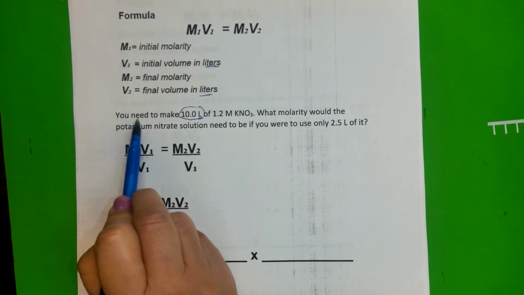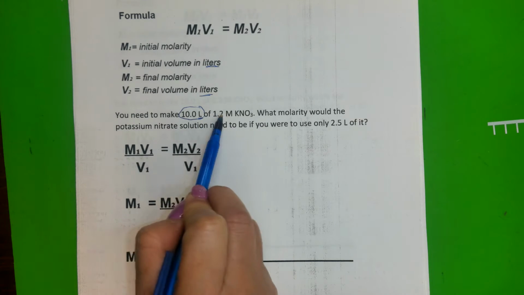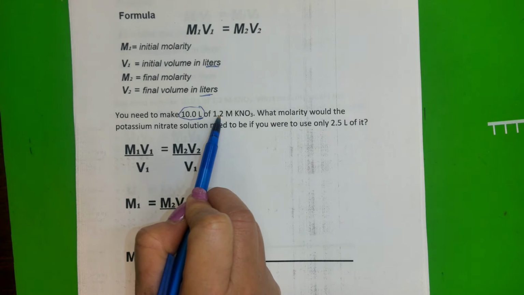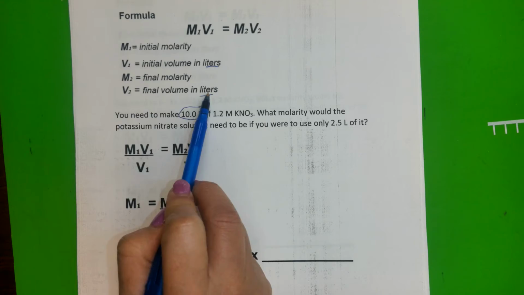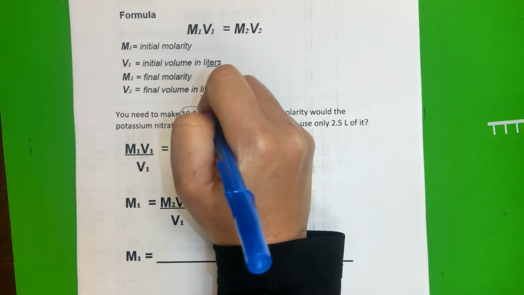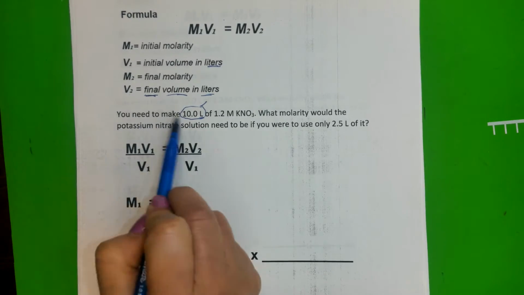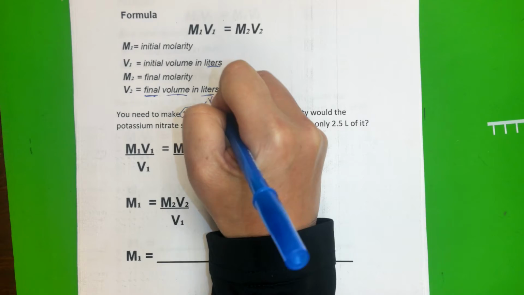Now it says here you need to make this, so this is the end product, what you need at the end. Because it has liters, this has to be V2, the final volume, because that's what you need to make at the end.